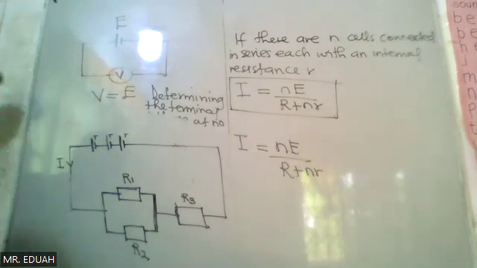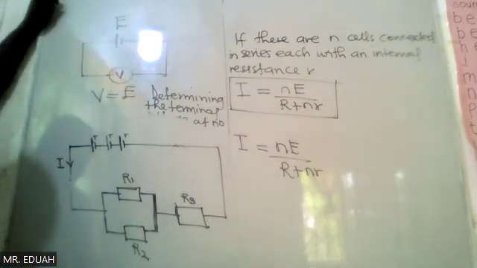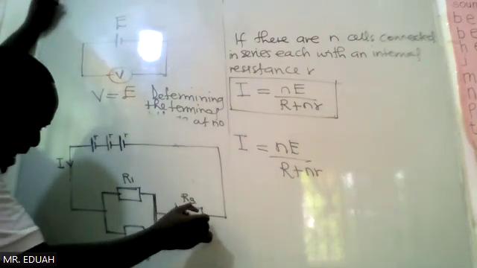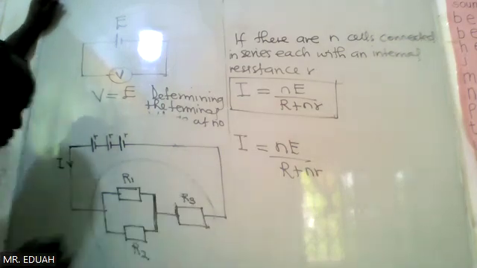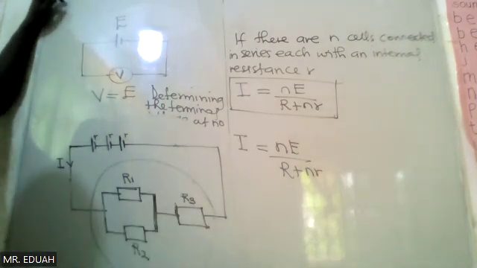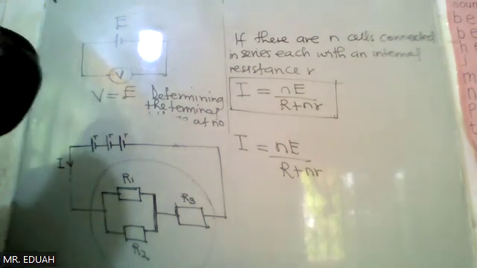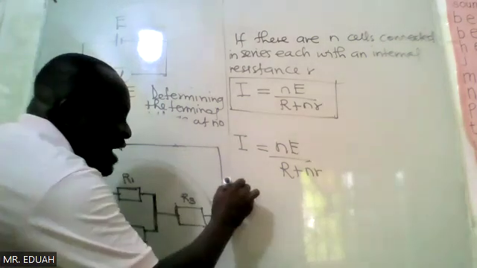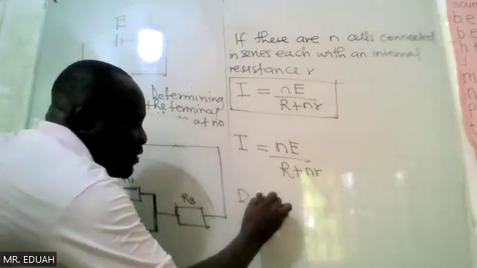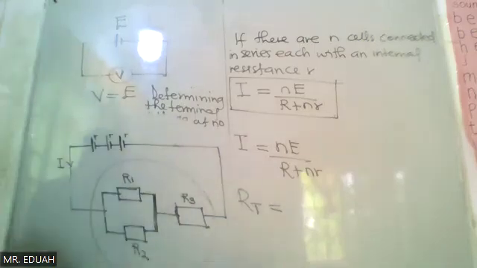Over here, the whole trick is that the external resistance is not just a single resistor, but it is given in a combined circuit so that you find the total resistance for this arrangement.